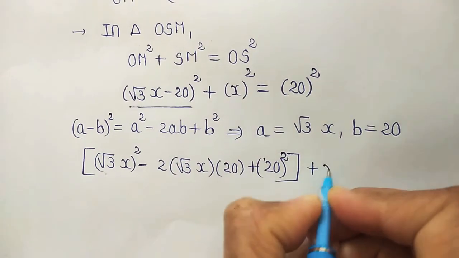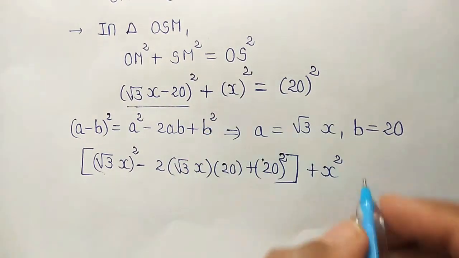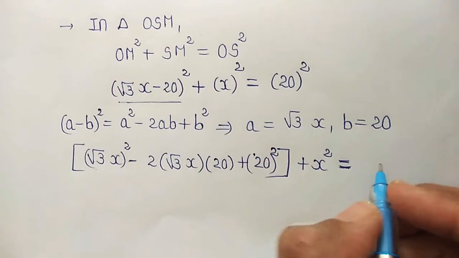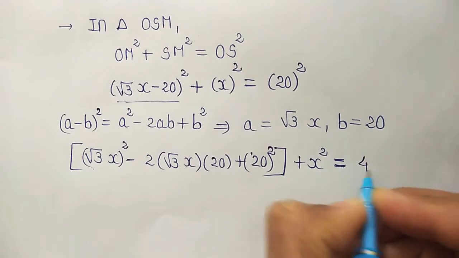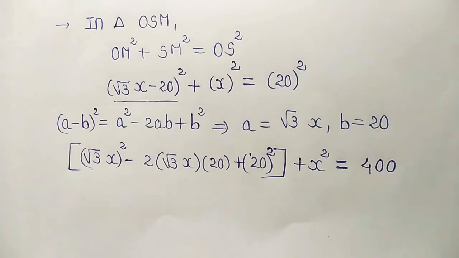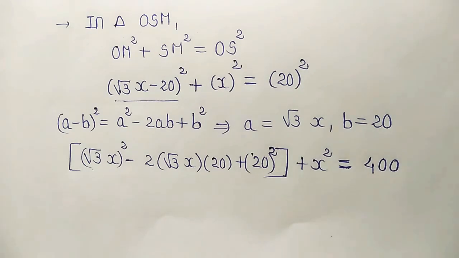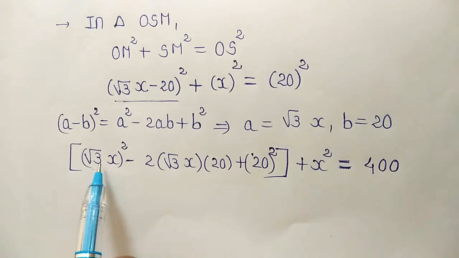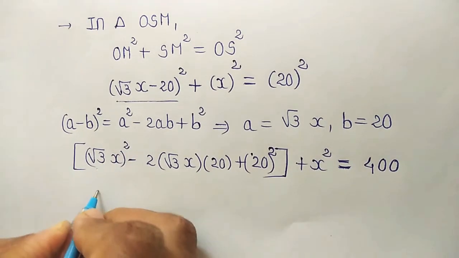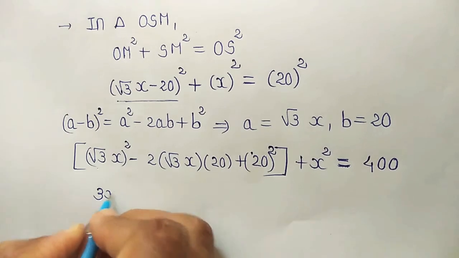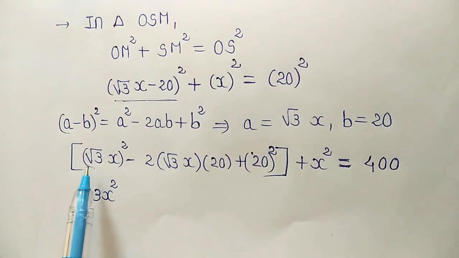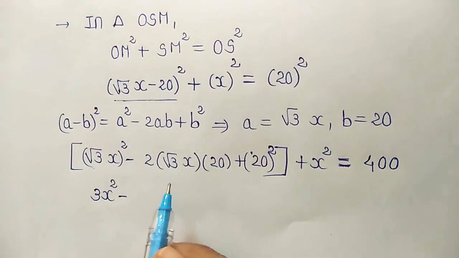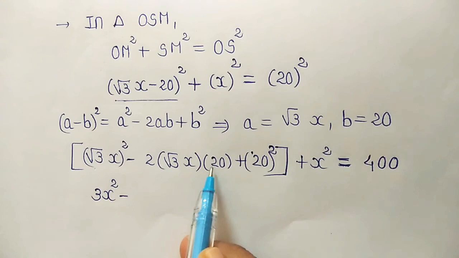Plus x square we already have. X square is x square and 20 square is 400, so we'll write 400. Root 3x square: root 3 square is 3, x square is x square, so root 3x square is 3x square minus 2 into root 3 into 20.